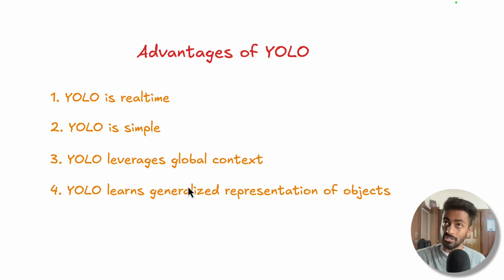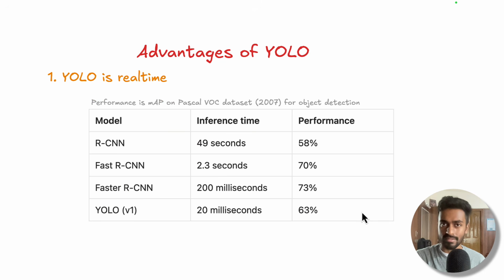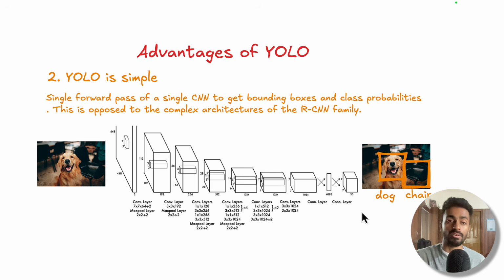Now, apart from this, there are actually a few other reasons as well. First, YOLO is real time, then it's simple, it leverages global context, and it learns generalized representations of objects. We can go through each one of these just to add some color. Real time, we just hit on this topic. Now, YOLO is simple.